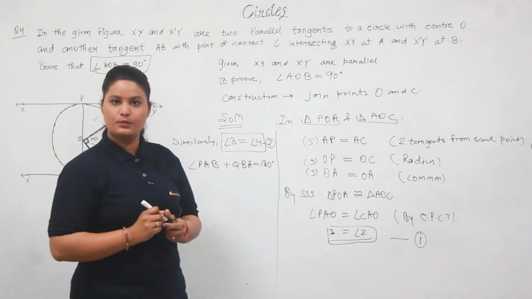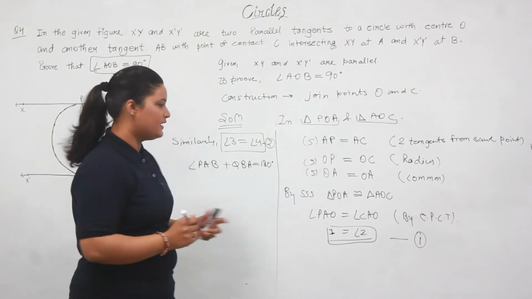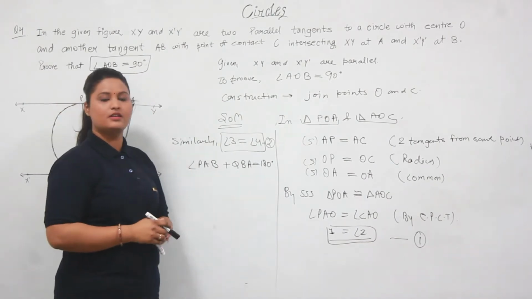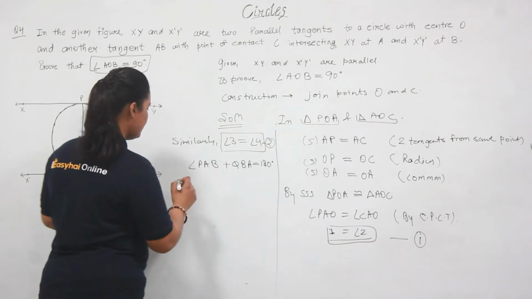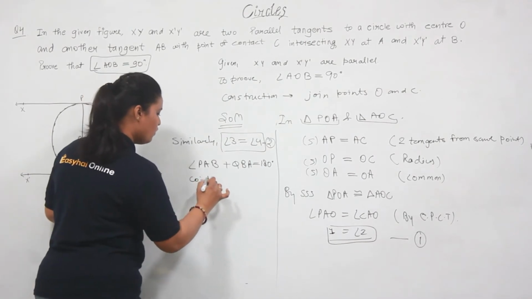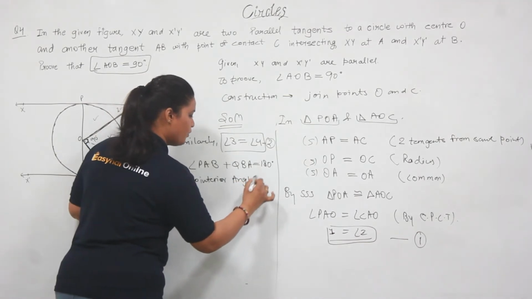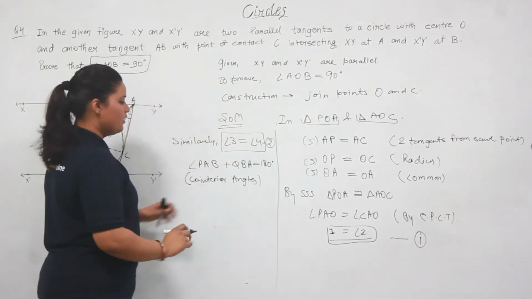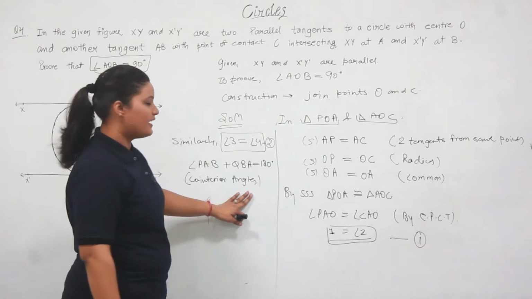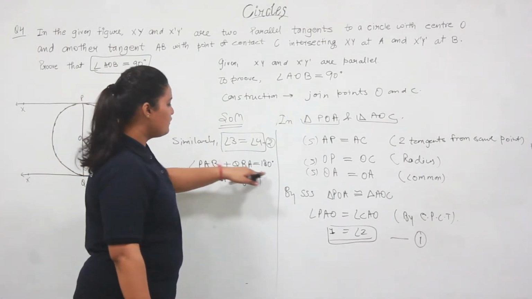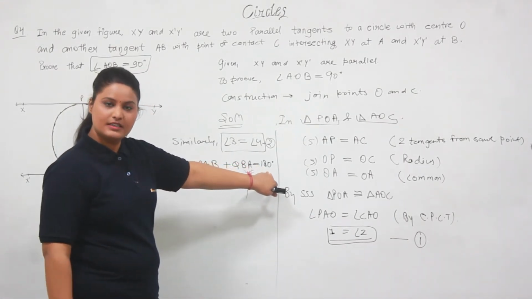Tell me how it is possible that the sum of these two angles will be 180 degrees. Why? Because they are the co-interior angles. These are co-interior angles. That's why the sum of these two angles will be 180 degrees.